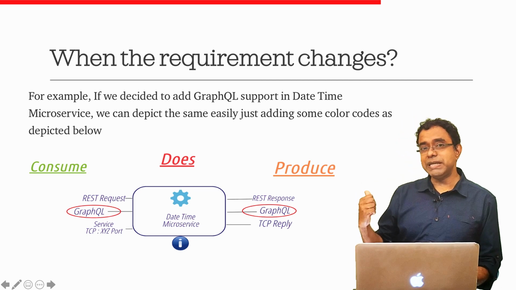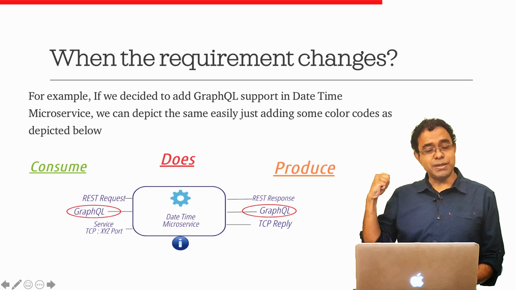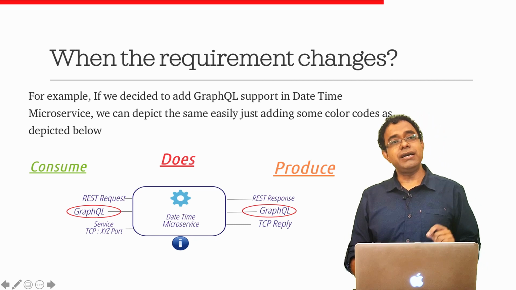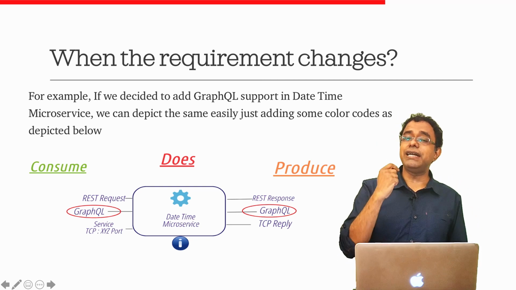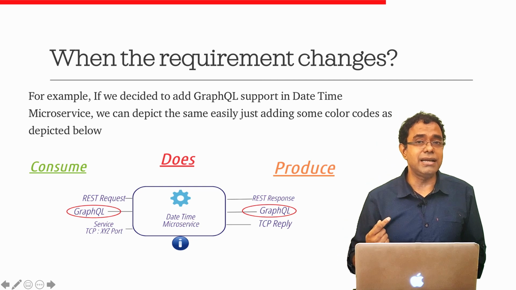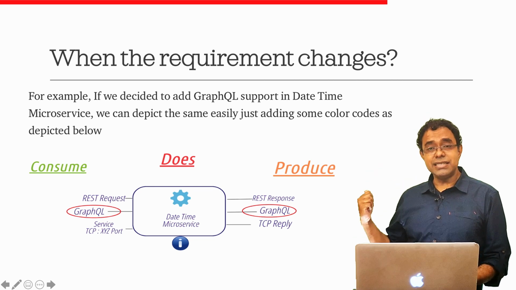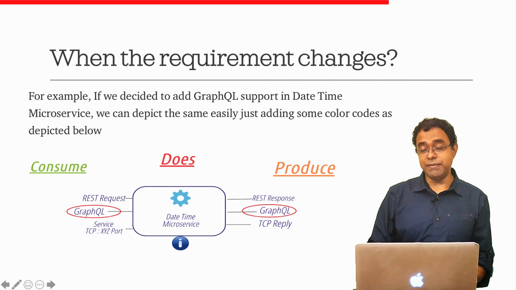Looking at this picture, you know that the datetime microservice supports REST as well as GraphQL. Otherwise, everyone has to look into the documentation. And if somebody has looked into the documentation earlier, they are not going to reread it. But if they see this picture, they know that, oh okay, GraphQL support is also available now.